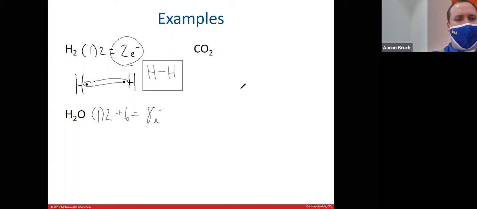I'm going to draw out my hydrogens and my oxygen with their Lewis structures. Hydrogen, 1 dot. Oxygen, 6. 1, 2, 3, 4, 5, 6.